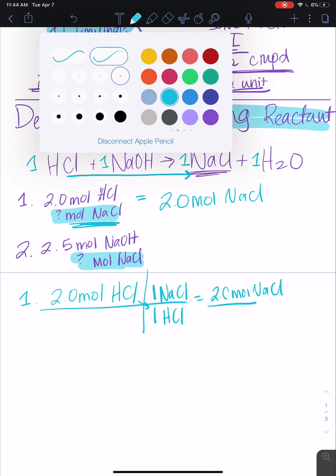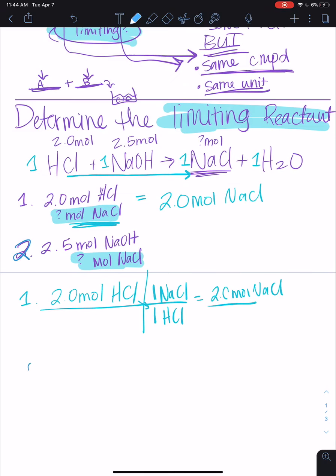Let's do the same thing for number 2. My given is 2.5 moles of NaOH. Again, this is a mole to mole conversion. I use the balanced equation and go from NaOH to NaCl.